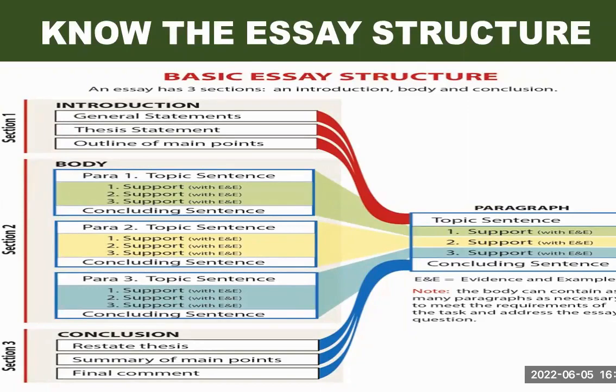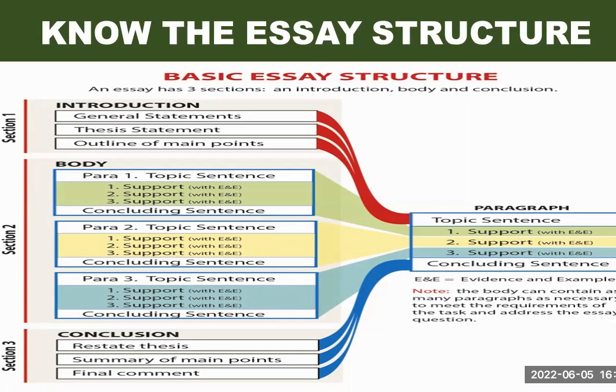In the Junior School Certificate Examination or the Senior School Certificate Examination, in most cases, you are asked to discuss at least 3 points on a given topic. And if you are to discuss at least 3 points, then the body of your essay should contain 3 paragraphs. Because the principle is that each paragraph should discuss only one main point or one main idea.